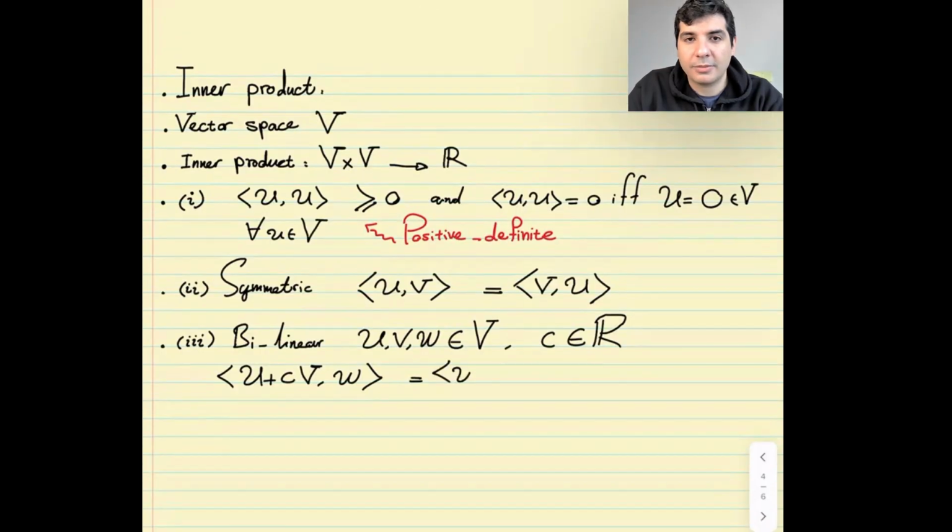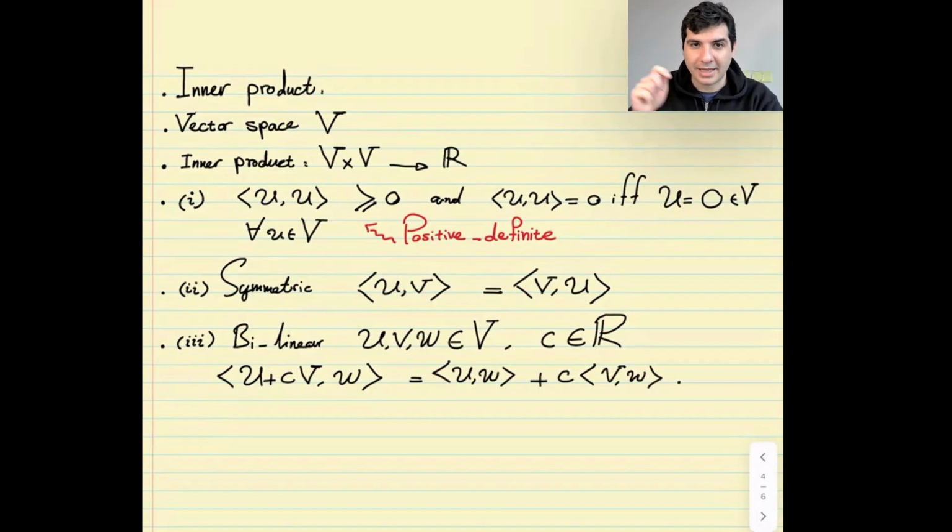This should be equal to the inner product of u and w plus the real constant c times the inner product of v and w. Okay, so that's the third property. The same should hold for the second component. If I replace w with the sum of two vectors or a scalar multiple, the same thing should hold. It follows from the symmetry.